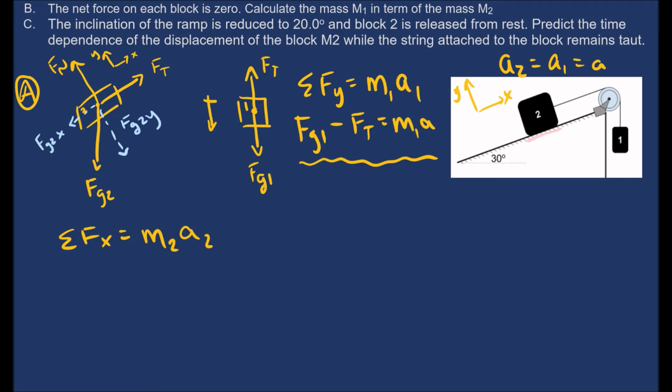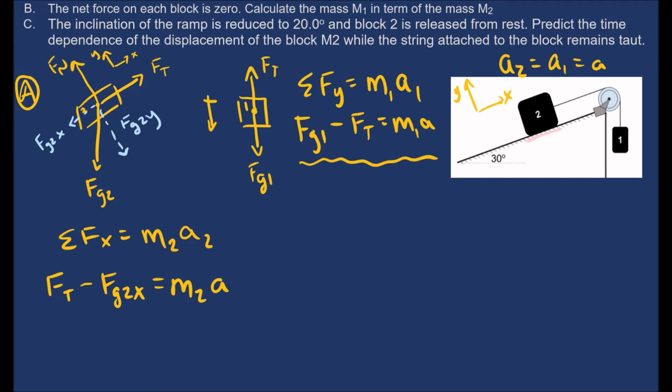We said our positive x direction is up the incline, or to the right. So we have force of tension minus FG2, the weight of block 2 in the x direction, and that's going to equal M2A.